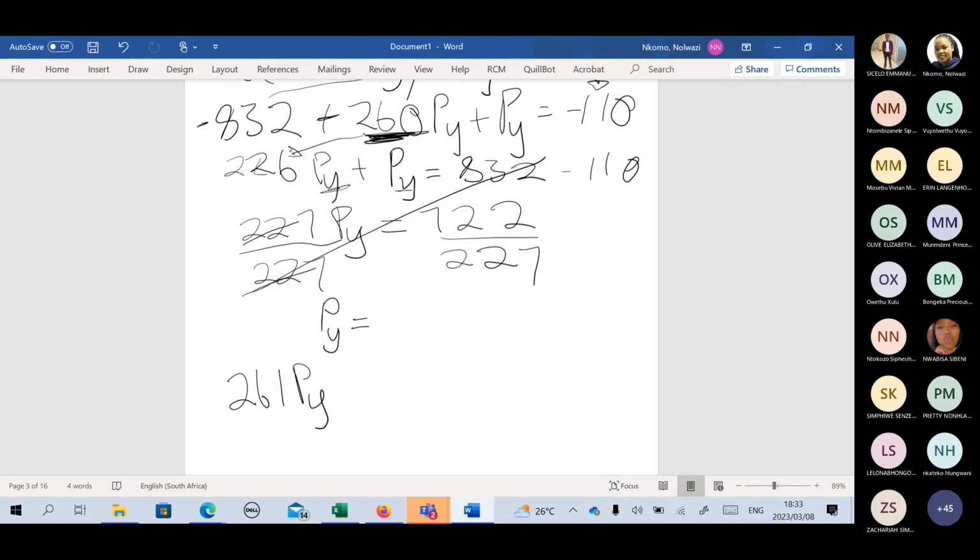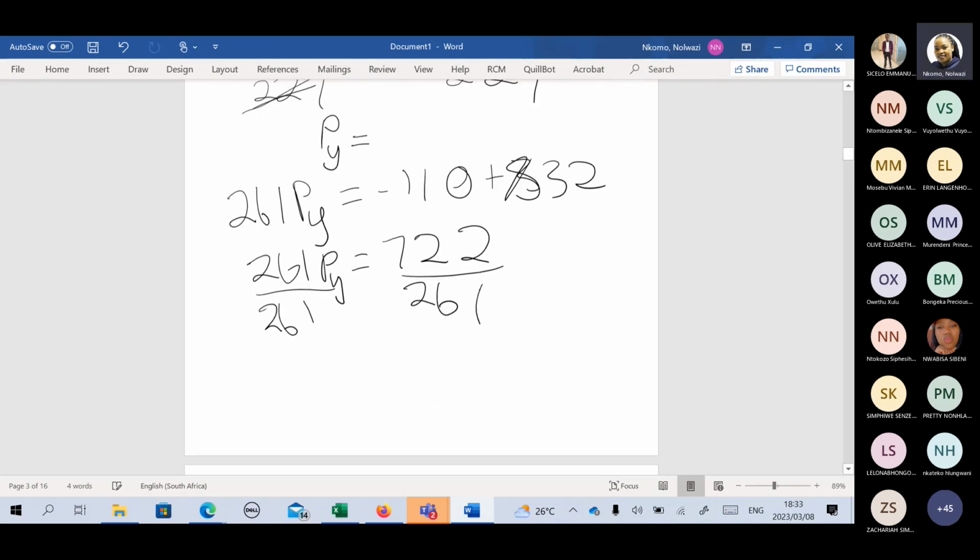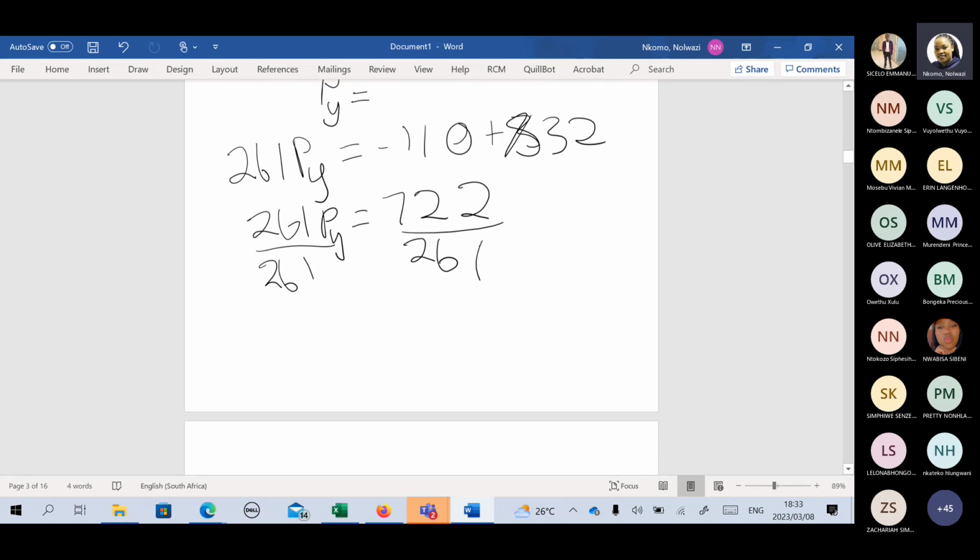And then we have minus 110 plus 832. So this means we have 261 PY equals 722. That means we need to divide by 261 on both sides. Okay, please check this one for me.